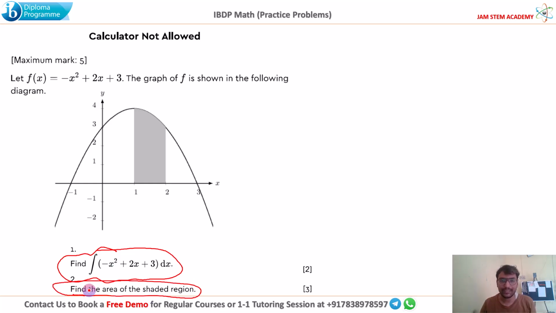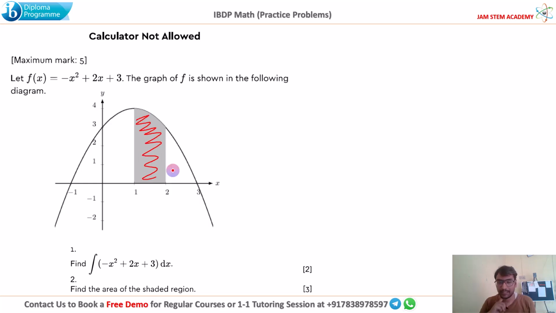region. What's that? This gray region is to be calculated, but if you observe carefully, it starts from this x equals to 1 and ends at x equals to 2. So within this range, under this parabola with the x-axis. See that?